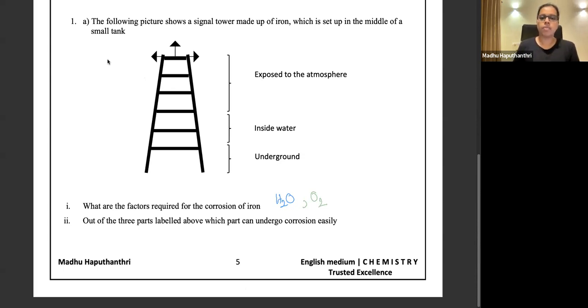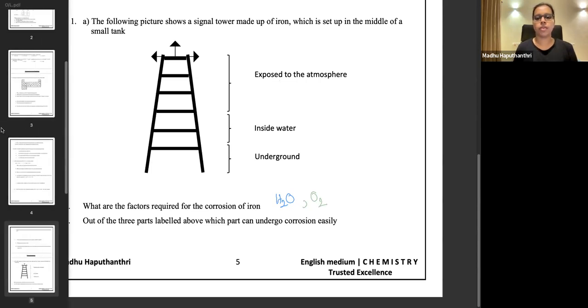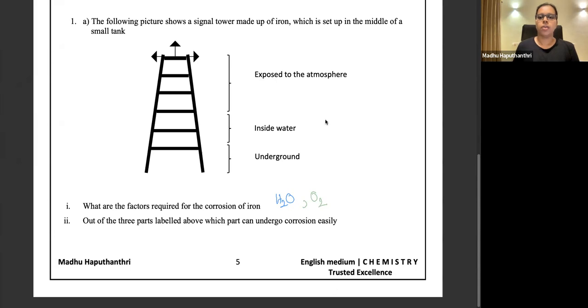Now, inside water also corrosion is happening, but inside water, the amount of oxygen is limited. So when it comes to the part exposed to the atmosphere, oxygen is not limited and the moisture is also not limited. So therefore, we'll go with the part exposed to the atmosphere, because it's getting both the conditions in ample amount.